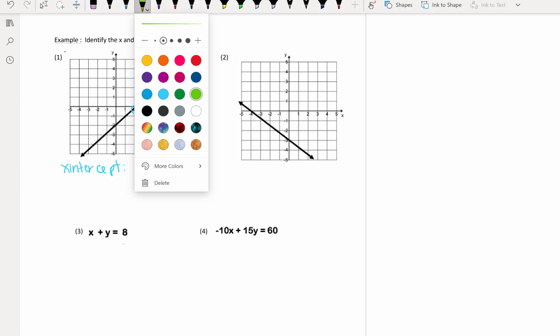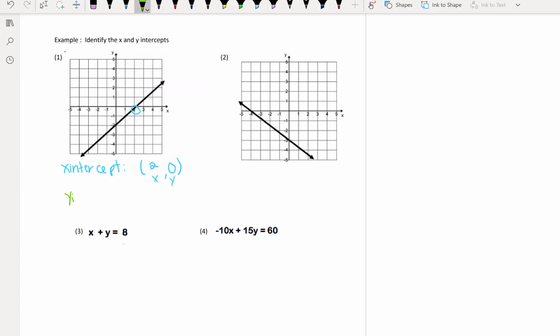Now, if I go to my y-intercept, I know it has to be an ordered pair where I have x and y. So for that to be true, the x value has to be 0. So along the y-axis, I see -2 for my y-intercept, okay?